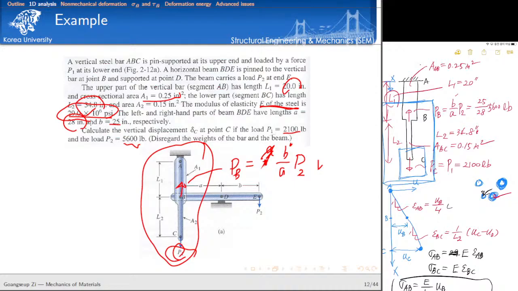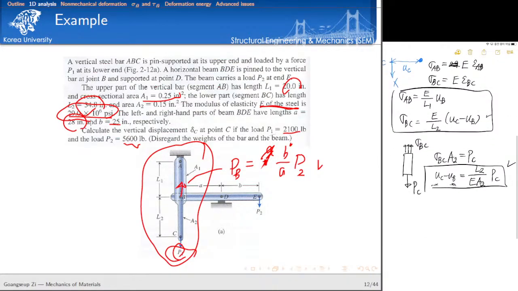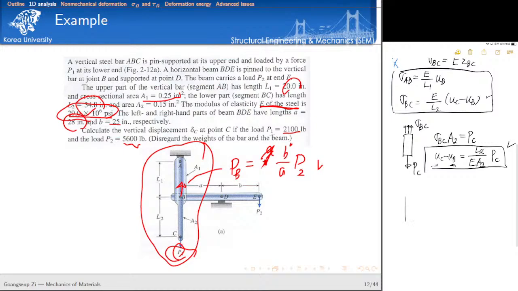Here, let's consider here. So if you do that, I have PC and then PB. So make sure that we already have their numeric values. It's sigma AB. So we can do the same, okay?